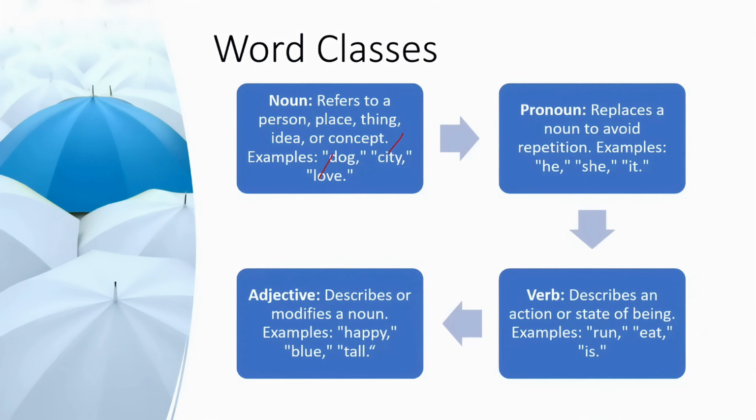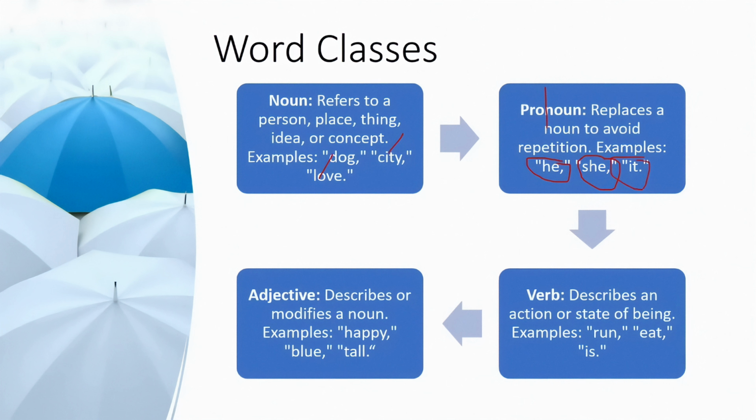Pronoun: pro replaces a noun to avoid repetition. Noun means name, pro means for. These are words that can replace nouns. So, the dog is sitting in the garden. It's a very fast animal. It's injured. It's not happy. So it is representing the dog. So this is a pronoun.